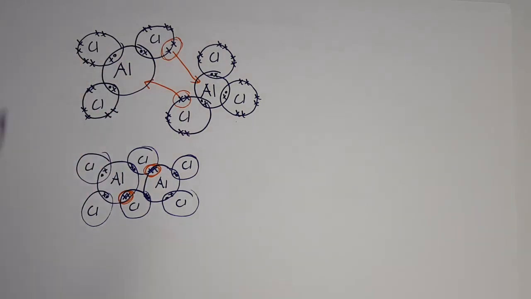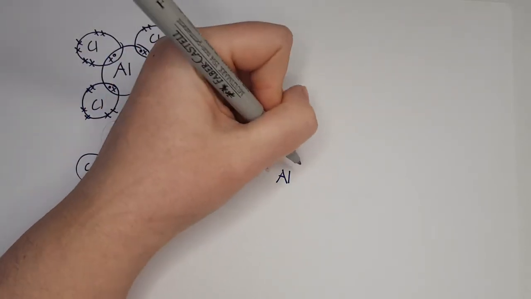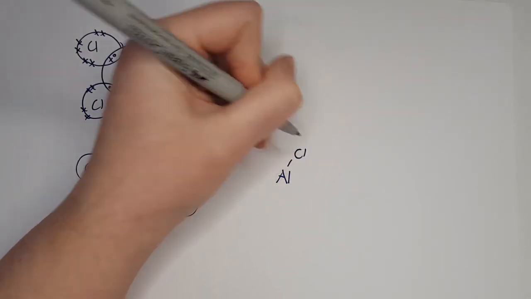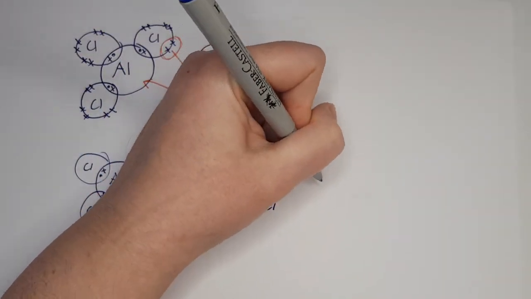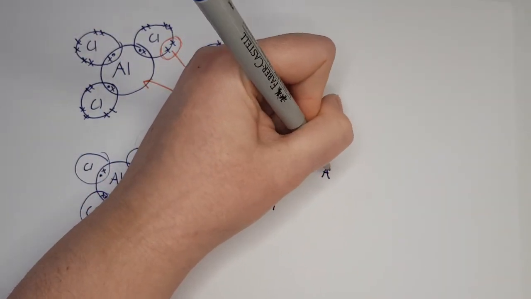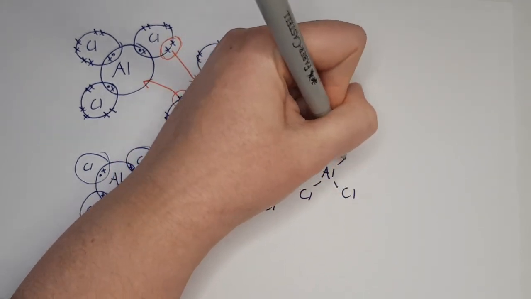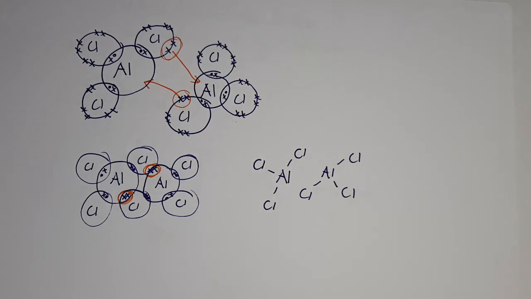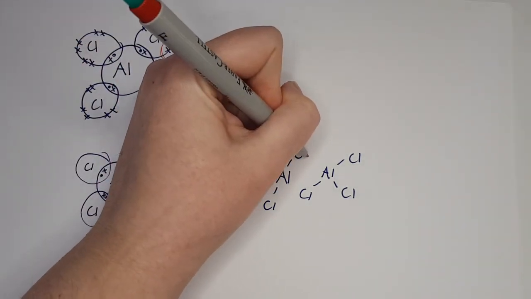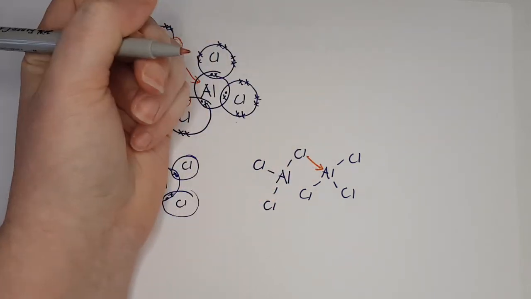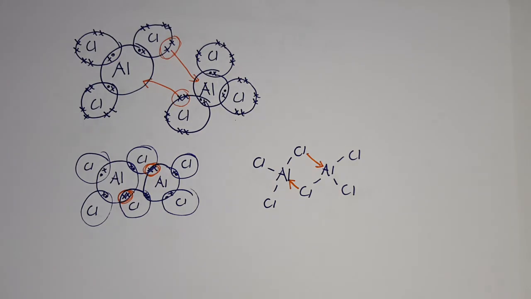So to draw it simply, we have aluminium with its chlorines, and the next aluminium with its chlorines, and a dative bond between the chlorine on the one giving its electrons to the aluminium over there, and that chlorine giving its electrons.